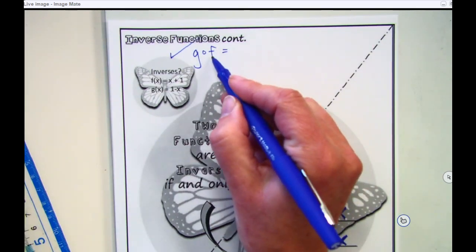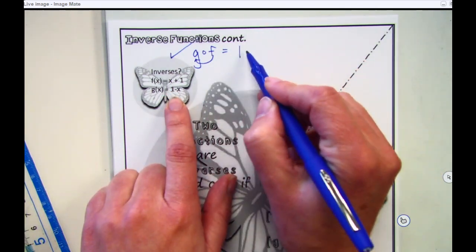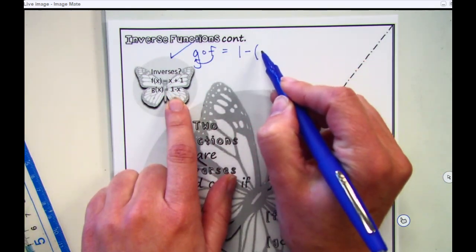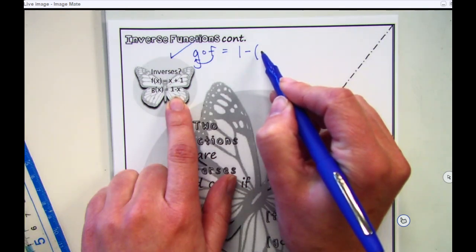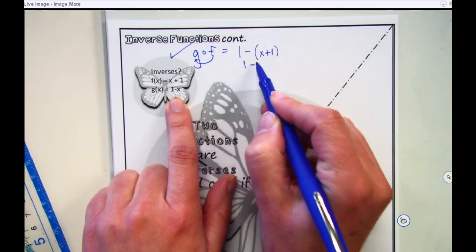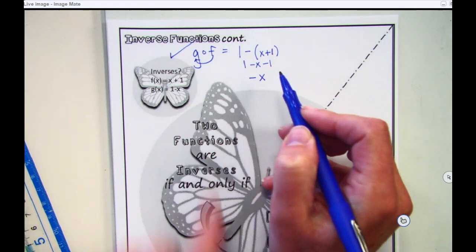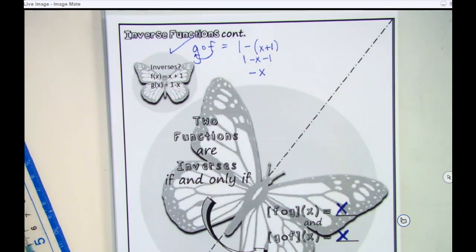So I'm going to plug f into g. 1 minus... Did I do that right? Yes.